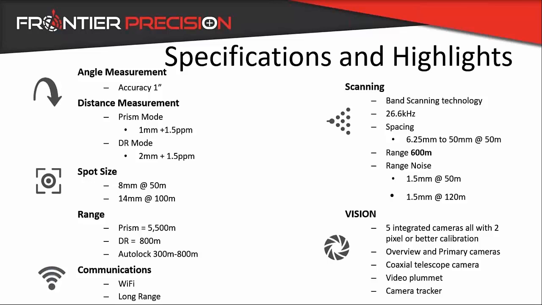Direct measurement mode is the most accurate measurement mode in the industry with the smallest spot size in the industry. Long range: the range of the scanner is 600 meters effective range. So extremely long range scanning capabilities, and it scans at a rate of 26,000 points per second.